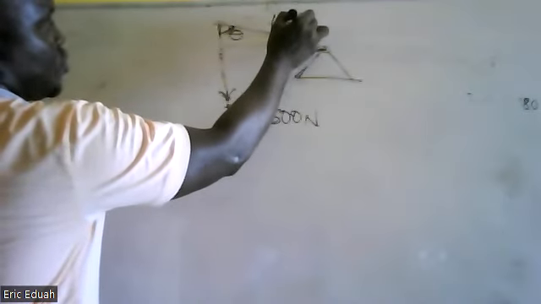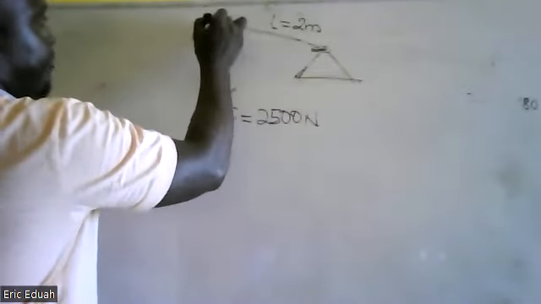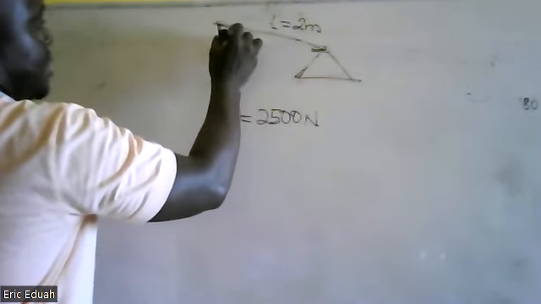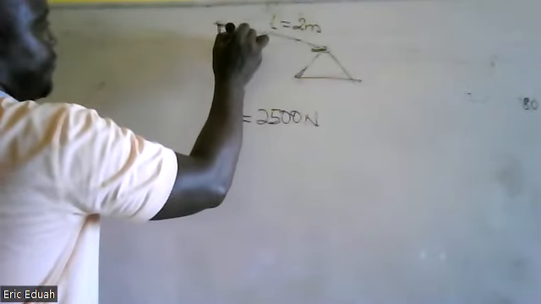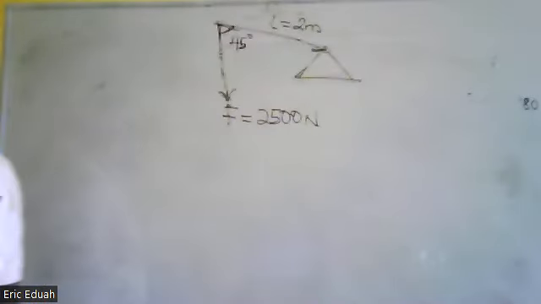The length is 2 meters. The angle between the force and this is 45 degrees. Determine the turning effect produced by this force.